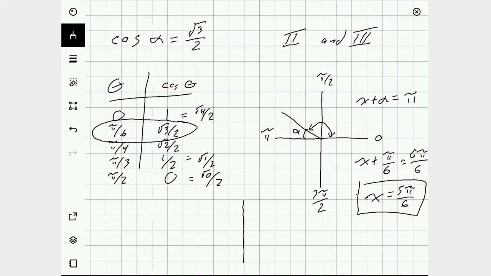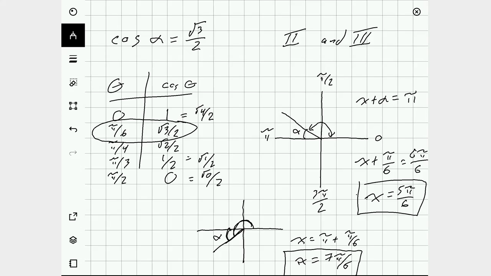Right? Then I'm running out of space, but we can do the same thing down here with alpha in the third quadrant. Again, that's the angle we're looking for, which in this case is going to be pi plus pi over 6, which comes out at 7 pi over 6.